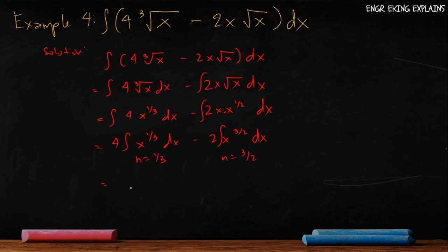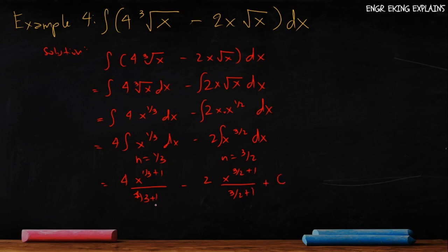So now this is n equals 1/3 and this is n equals 3/2. So you have 4 x to the 1/3 plus 1 over 1/3 plus 1, then minus 2x to the 3/2 plus 1 over 3/2 plus 1, plus c.